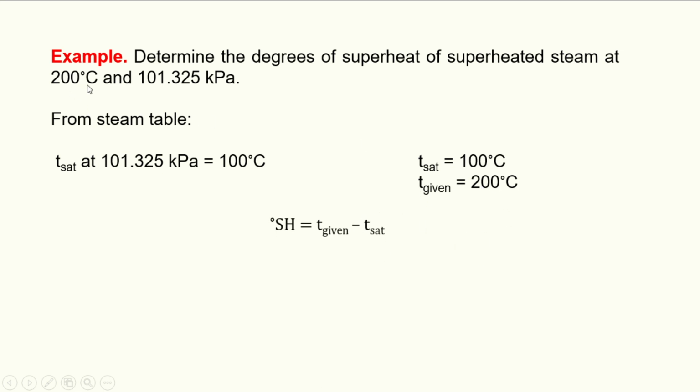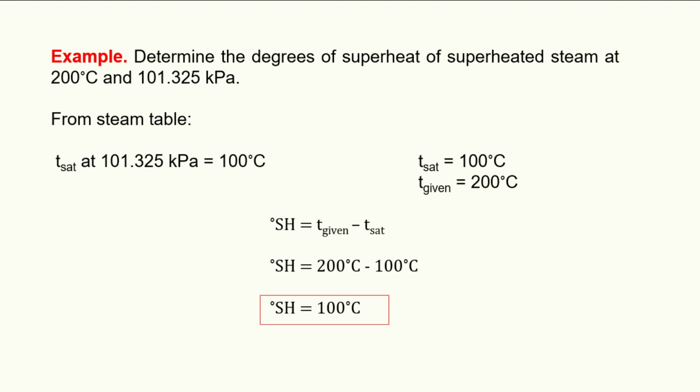Yung given natin is 200. Yung Tsat natin ng 101.325 is 100 na nanggaling sa steam table. So, therefore, degree superheat is equal to 200 minus 100 degrees Celsius. Degree superheat is 100 degrees Celsius. So, nag-superheat yung steam natin ng 100 degrees Celsius. Okay? So, ganyan lang siya.